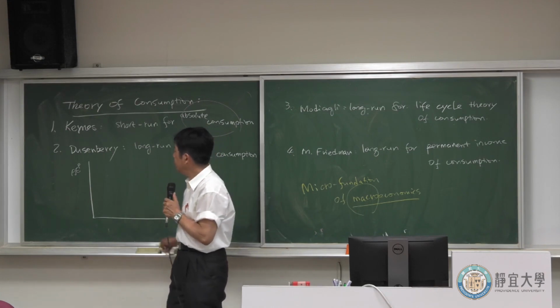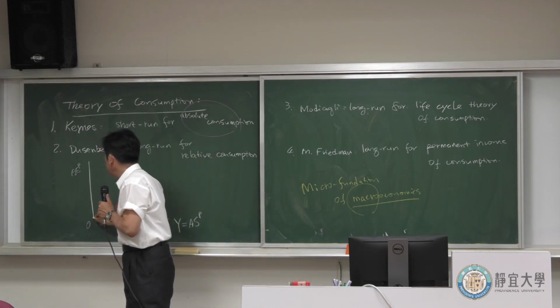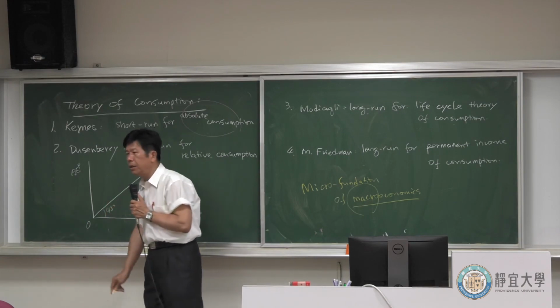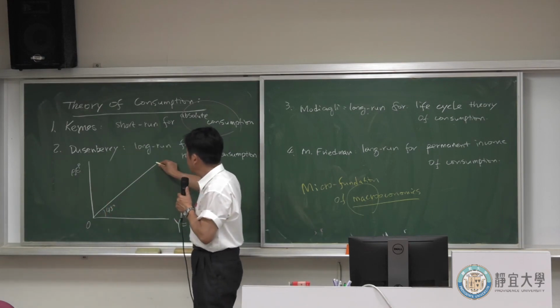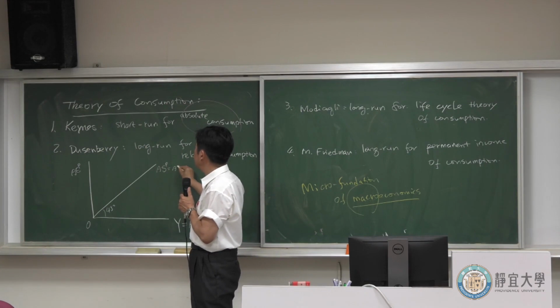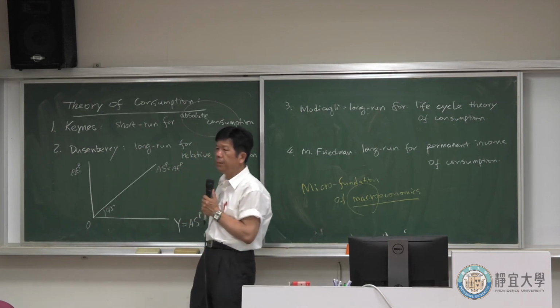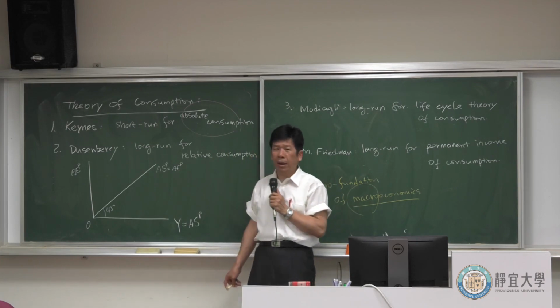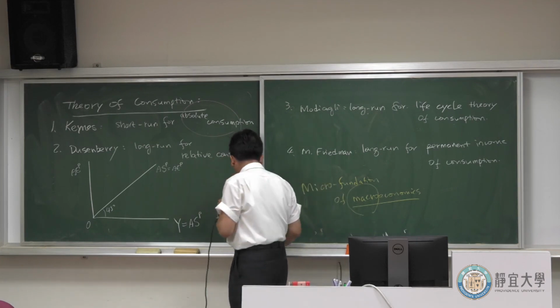We talked before about the 45 degree line, which represents ASP equal to AEP. Here we also get the consumption behavior.